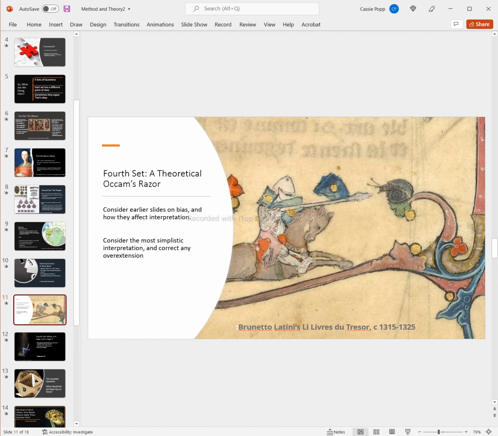Consider then this image of this knight fighting the snail, and all of the ways that we thought we could address an object or an image. There's really a lot that we could suppose about this knight, about his snail-based motivations, as well as the person who drew this knight fighting a snail.